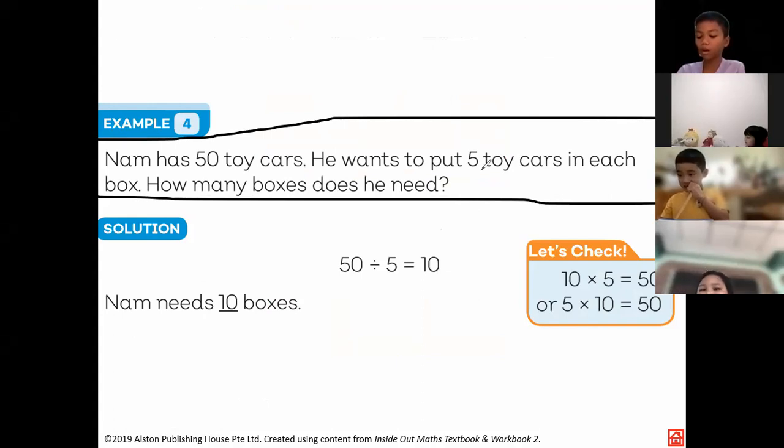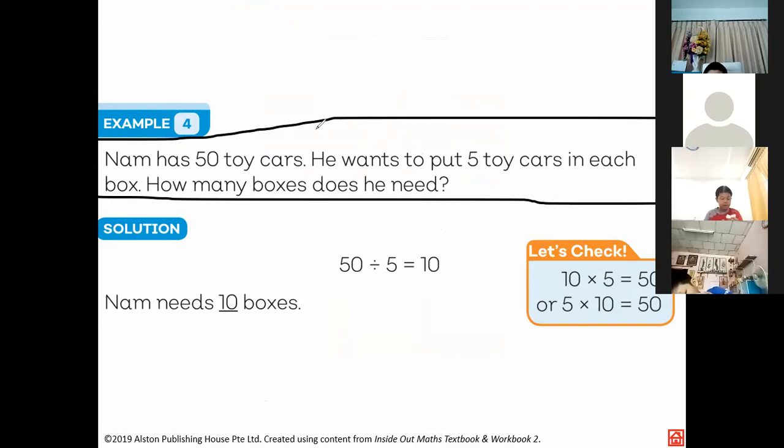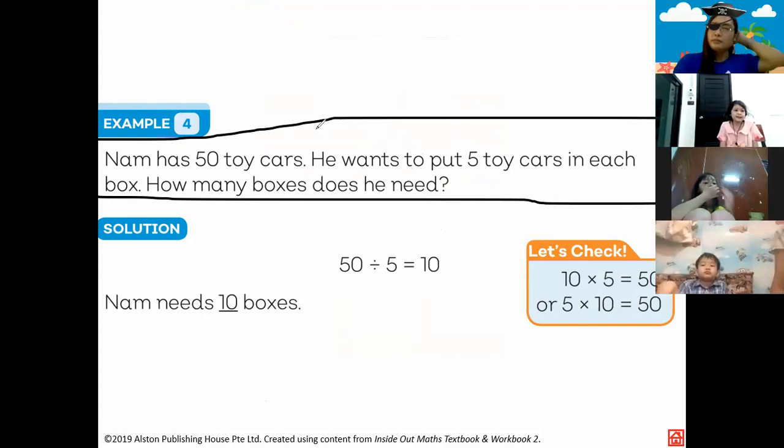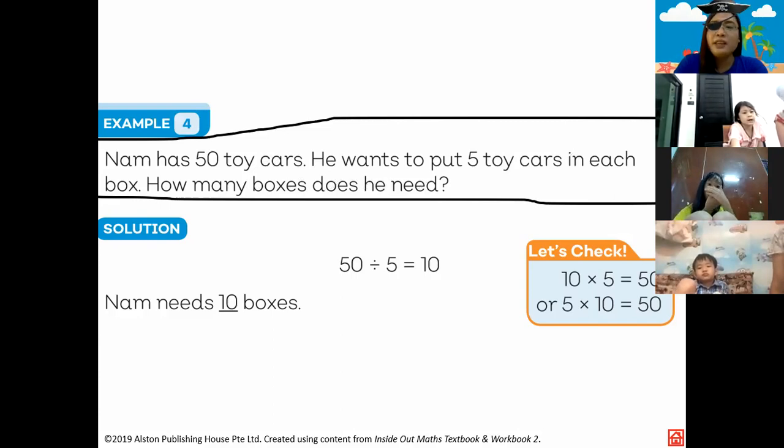He wants to put 5 toy cars in each box. How many boxes does he need? Okay, thank you, Ashita.